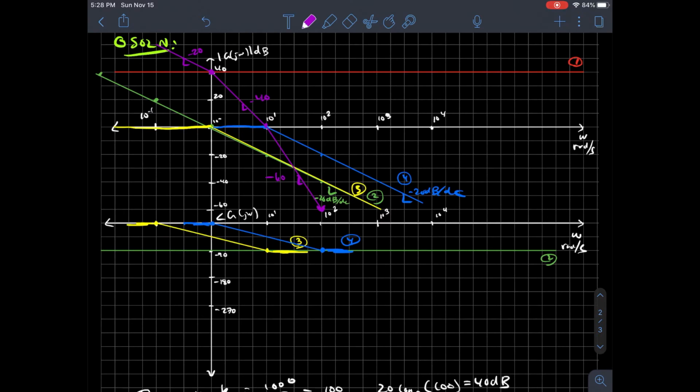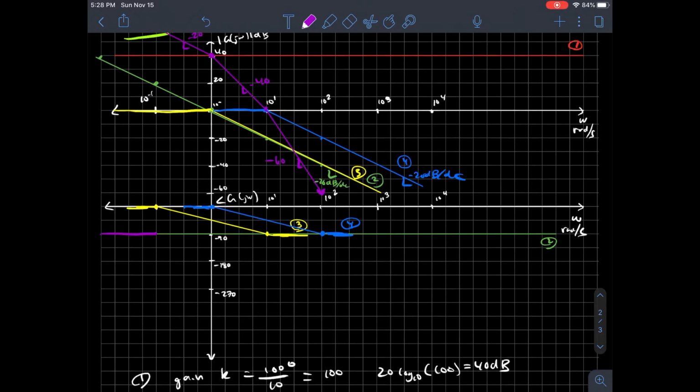In phase, until 10 to the minus 1, I have negative 90 from that 1 over S term. And then starting at 10 to the 1, I'm going to go down at 45 degrees per decade, roughly, until I hit 10 to the 0. And then I've got 2 things going down at negative 45, so I'll go down at negative 90.